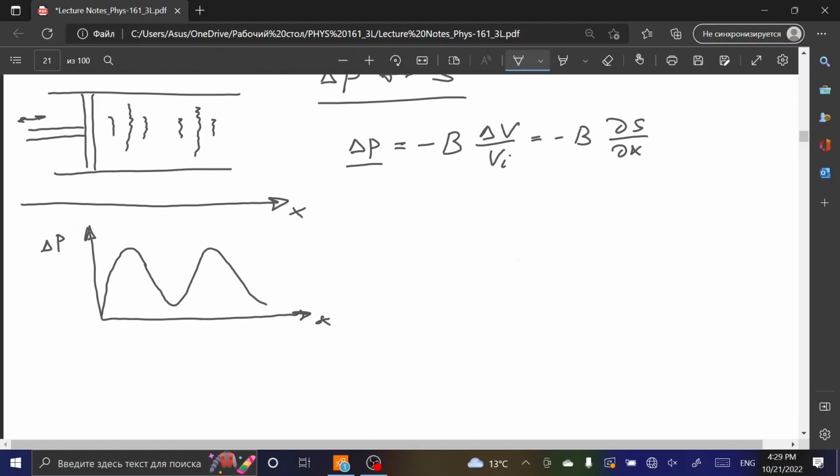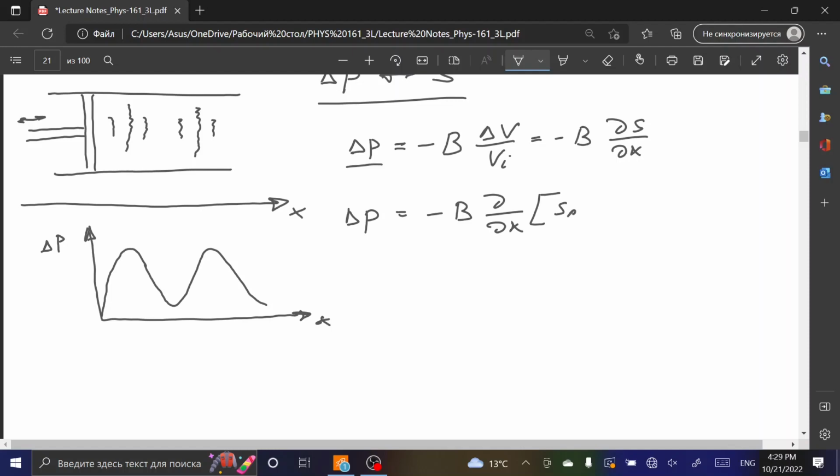So we can write here that delta P will be equal to minus B times d over dx, and here we substitute the expression for the wave function of the displacement of air elements.